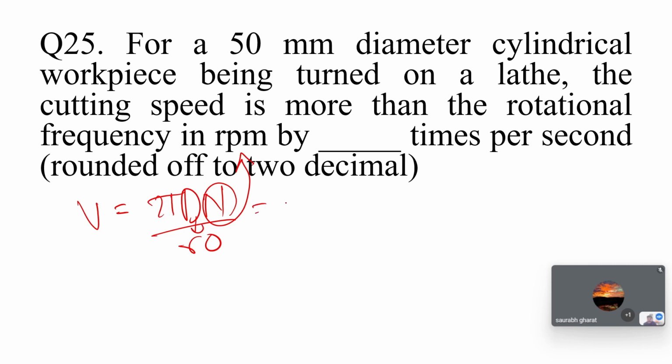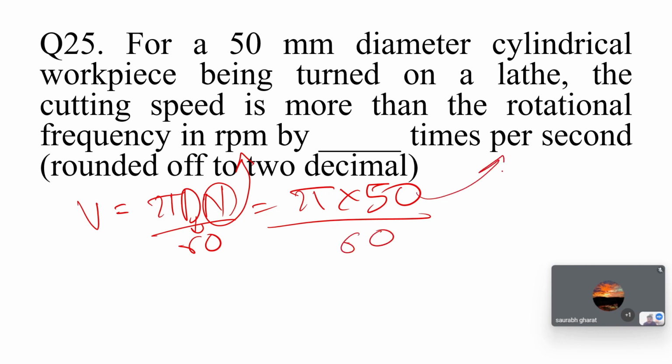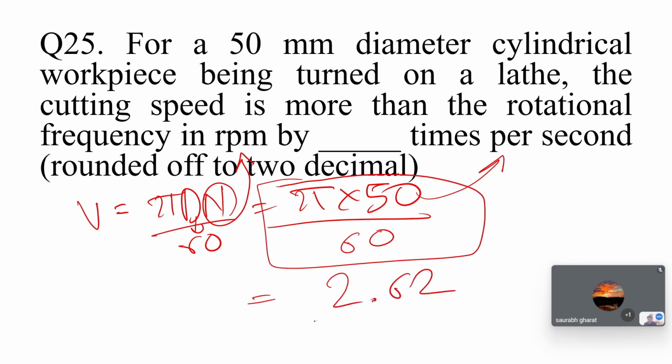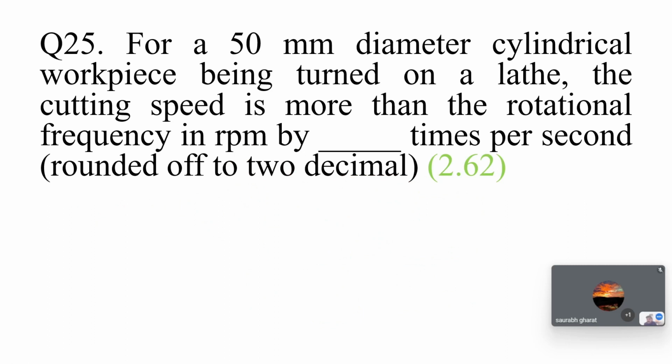So pi into 50 divided by 60, because we need per second. This will give you 2.62 up to 2 decimals, which is again the important part. So 2.62 will be your answer per second.